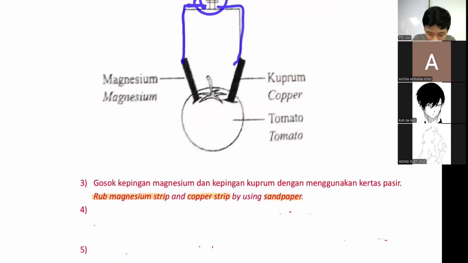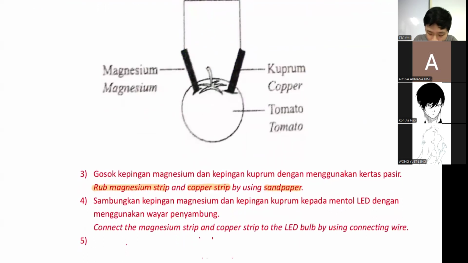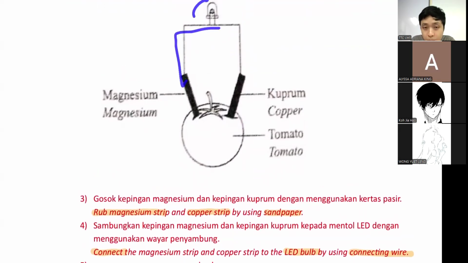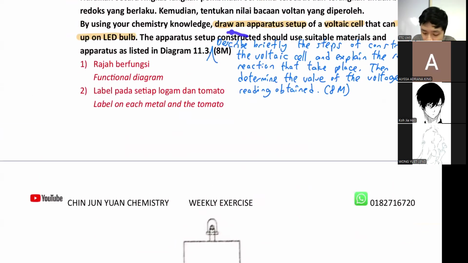Connect the magnesium strip and copper strip to the LED bulb using connecting wire. You just explain how you do it. If you see "describe the steps", you already know you have to write this up.